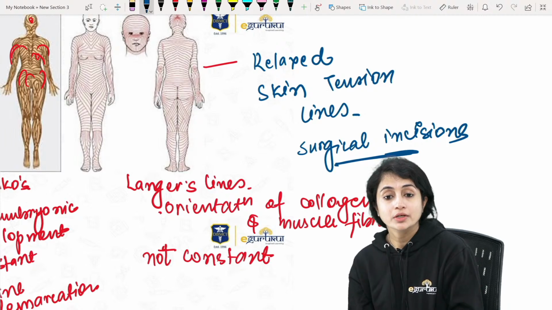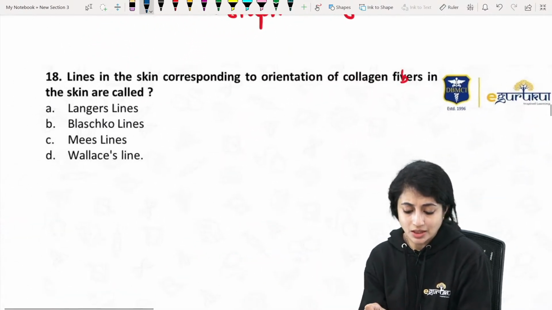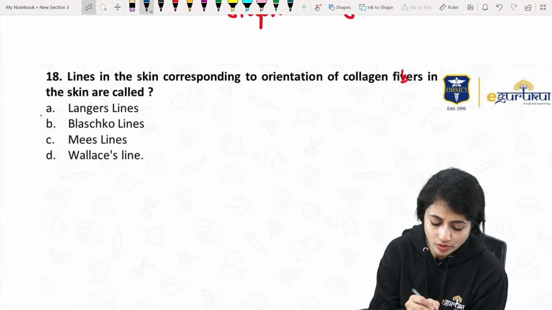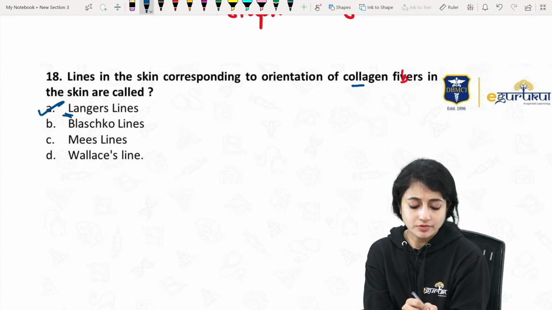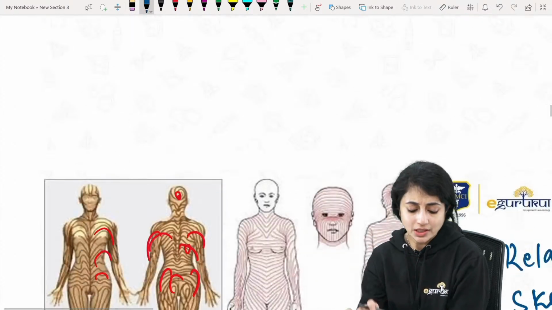Okay. So in the question they had asked you, lines in skin corresponding to orientation of collagen fibers are called as Langer's line. L is the first letter here. Langer's lines. What are Mees lines and Wallace lines?